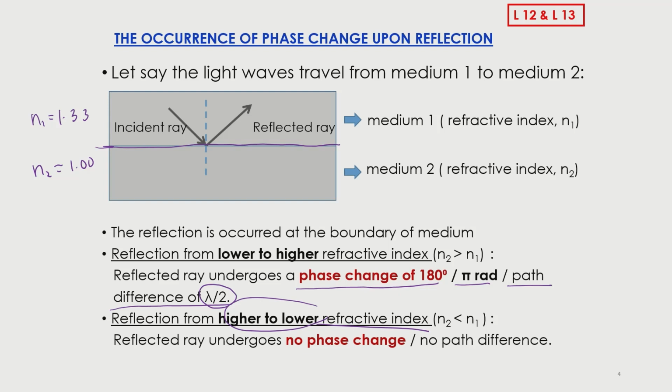Yes, refractive index of medium 1 is rich and refractive index of medium 2 is poor. So from rich, do you want to become poor? Of course you don't want to. If you don't want to become poor, there is no phase change. Same goes for the reflection. So for reflection from higher to lower refractive index, there is no phase change. When there is no phase change, there is no path difference.